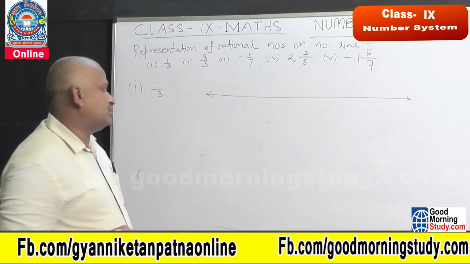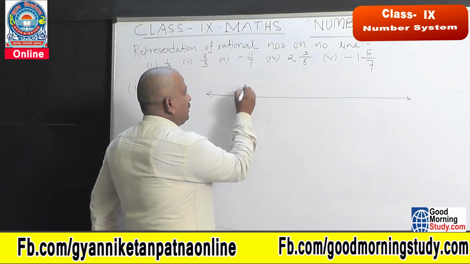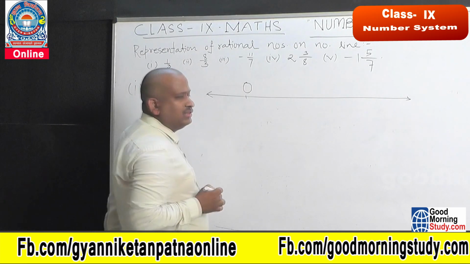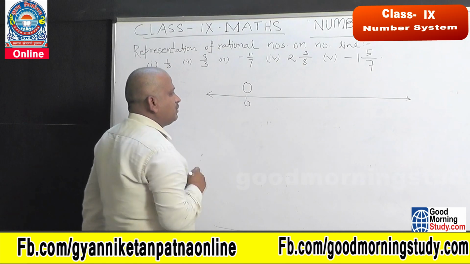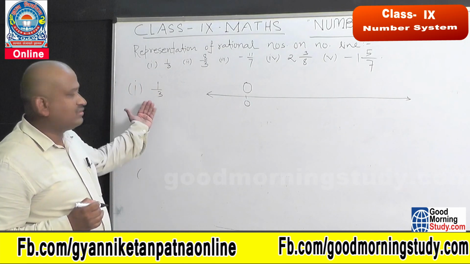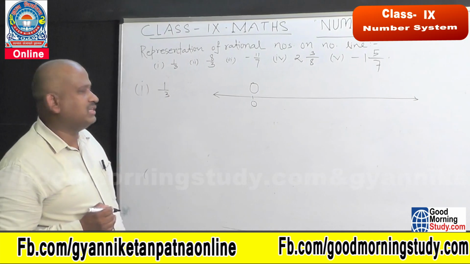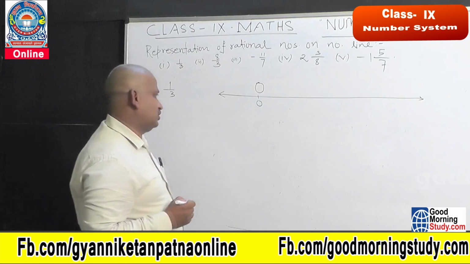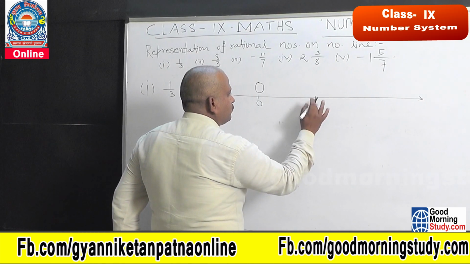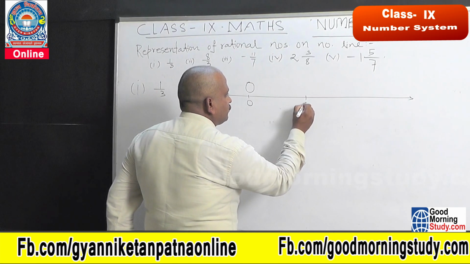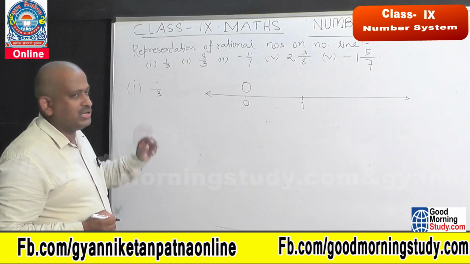And we are going to represent 1 by 3. I have taken here one point O, and this O is representing 0. And since this is positive rational number, so we will move to the right of the 0.